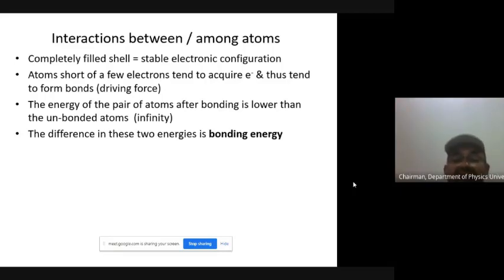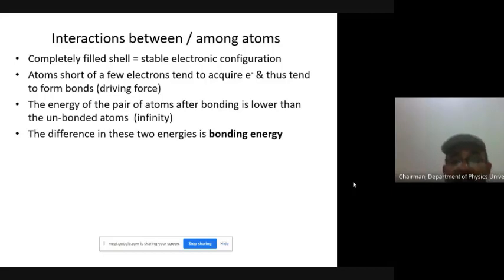Now look, when will a bond form by itself? If the energy of the pair of atoms after bonding is lower than the unbonded state, the atoms will form a bond, because it decreases the energy of the system, and energy will be evolved as a result of that bond.